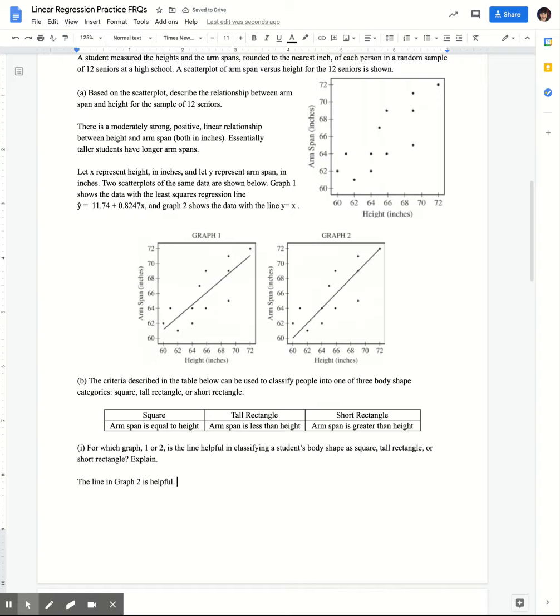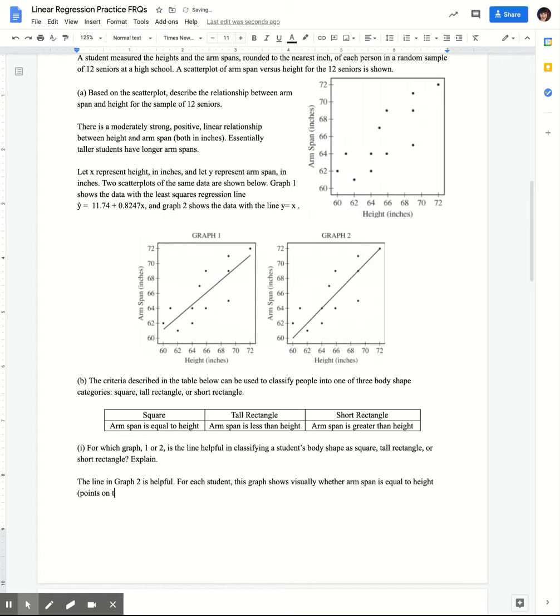And then you have to explain. So the way I would explain this is, for each student, this graph shows visually whether arm span is equal to height, right?